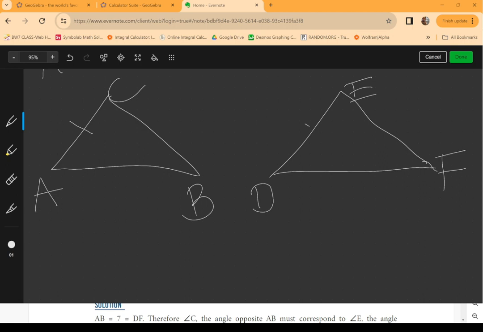Let's say I know that side AC is congruent to DE, and CB is congruent to EF, and then AB is congruent to DF. Again, different tick marks, we're not necessarily guaranteed that they're all the same lengths. If a pair or all three were the same lengths, we would just use the same tick mark for all of them. But here it's just to distinguish that they may be different lengths, okay?